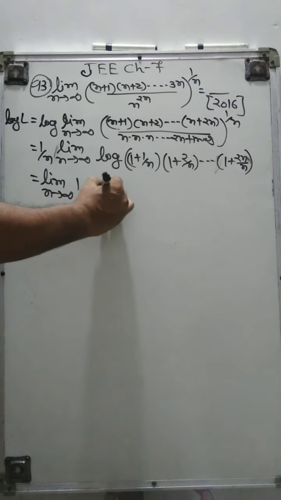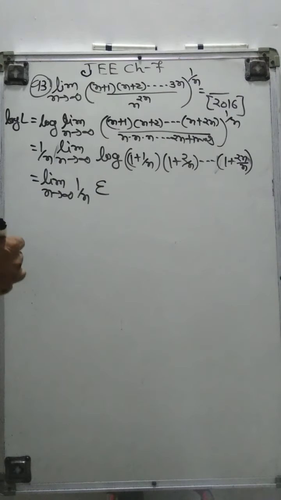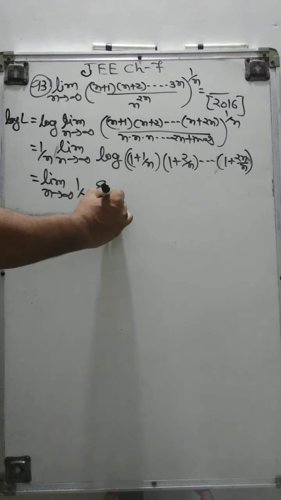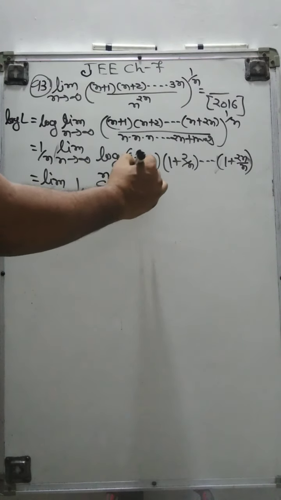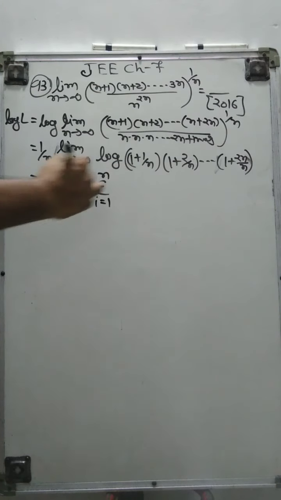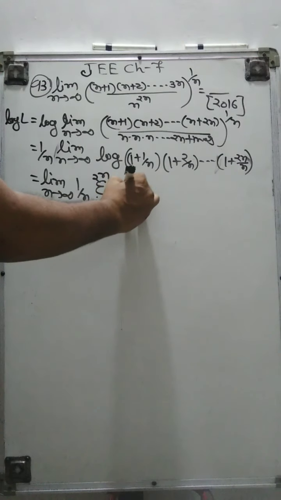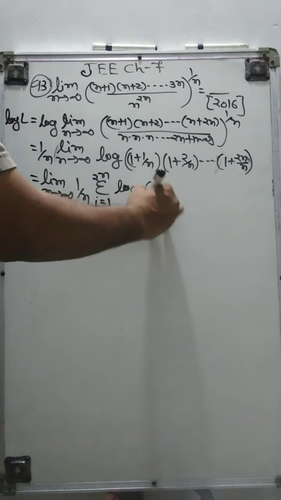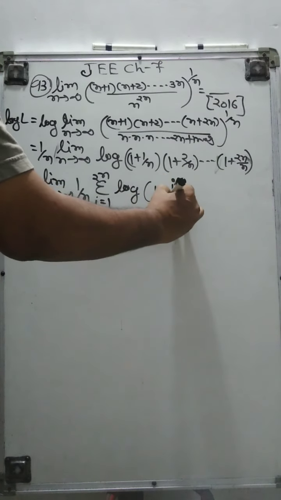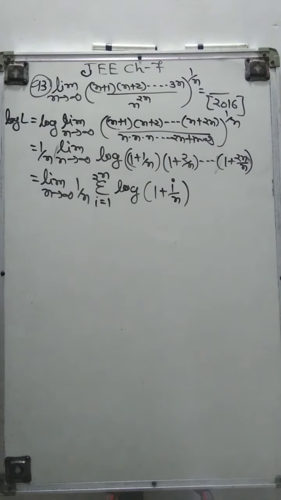1 upon n sigma i equal to 1 to 2n log 1 plus i upon n, right?